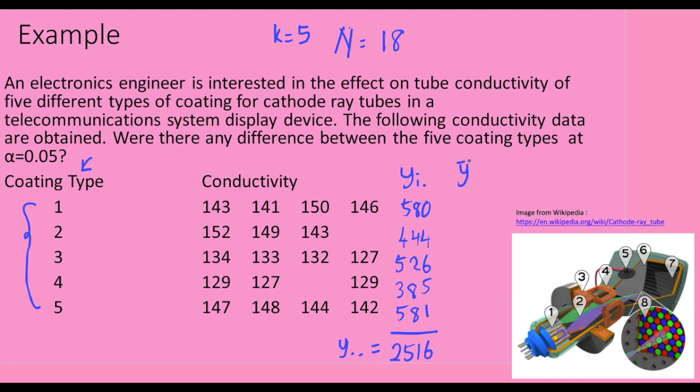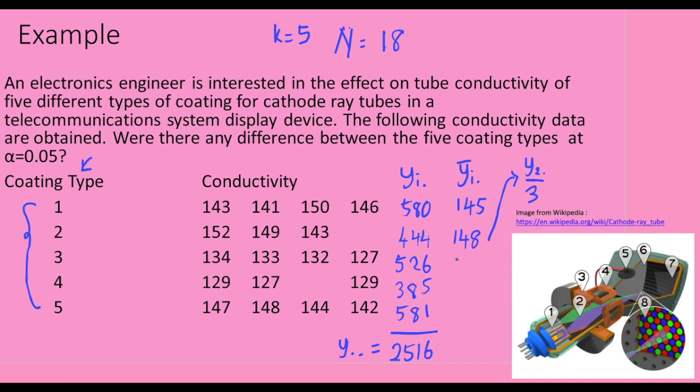Meanwhile, y bar 1 dot would be 580 divided by the number of observations for coating type 1, which is 4, and you would get 145. For y bar 2 dot, I'll simply jot down the formula here: y2 dot divided by the number of observations for coating type 2, which is 3, and you would get 148.